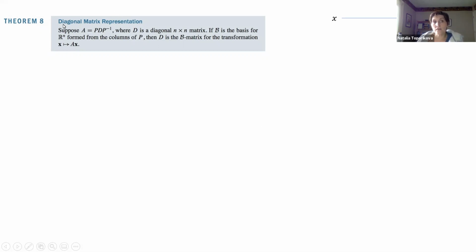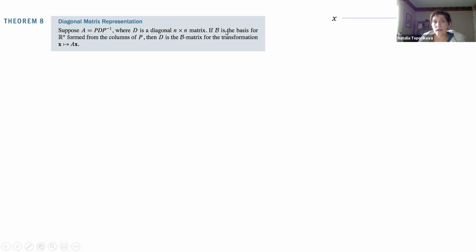It tells us that if we have a matrix A which is diagonalizable, that is, it can be represented as a product of some matrix P, which contains the basis of the transformation, times diagonal matrix D times the inverse of matrix P, then we can just use our matrix D for the transformation.